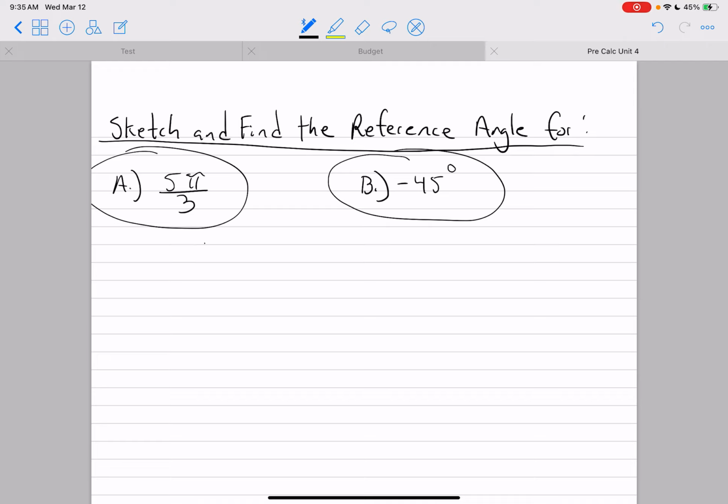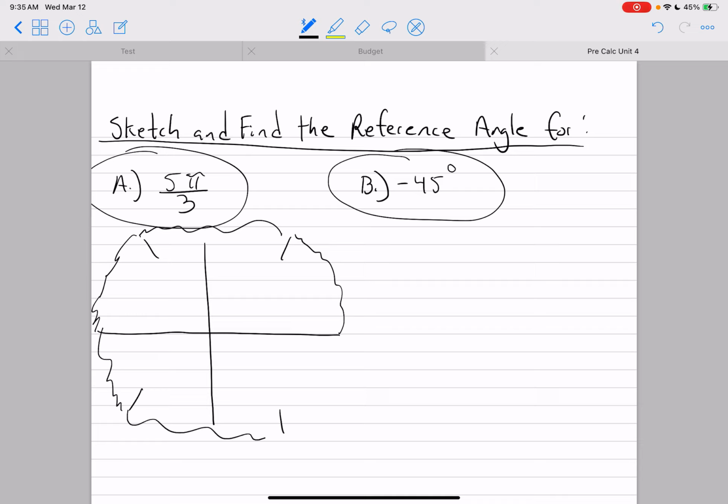Cool, so hopefully you did that. You're like, okay, 5/3 pi. Here's 1/3, here's 2/3, here's 3/3, here's 4/3. Here, this is where 5/3 pi would be, right? So there's 5/3 pi.